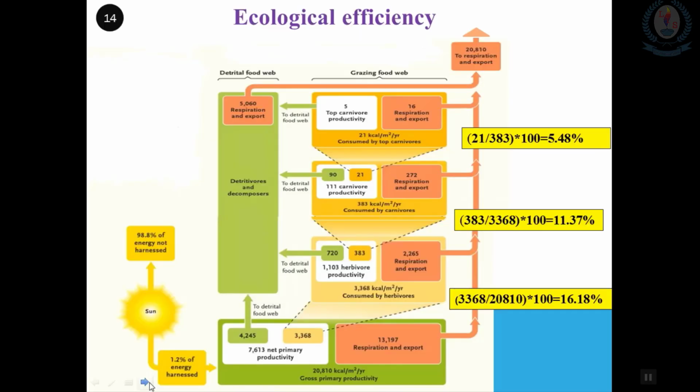Ecological efficiency is the ratio of net primary productivity at one trophic level to net primary productivity at the trophic level below it. This given diagram is from an investigation done by a group of scientists who conducted an experiment in an aquatic ecosystem at Silver Springs, Florida.